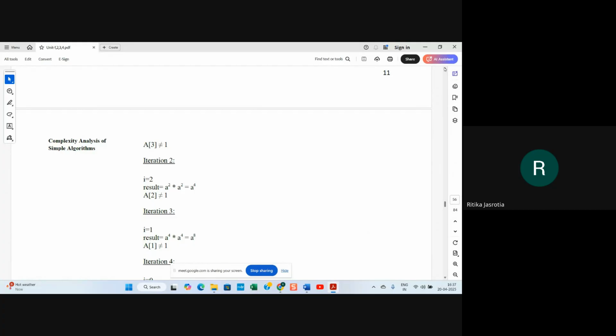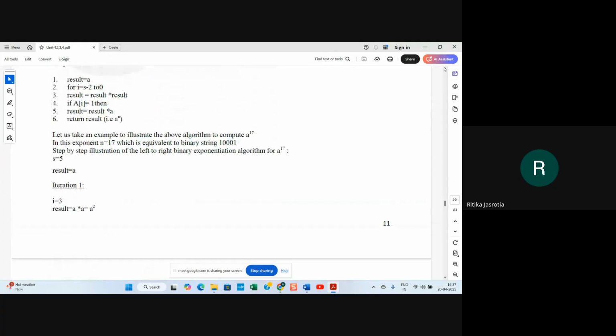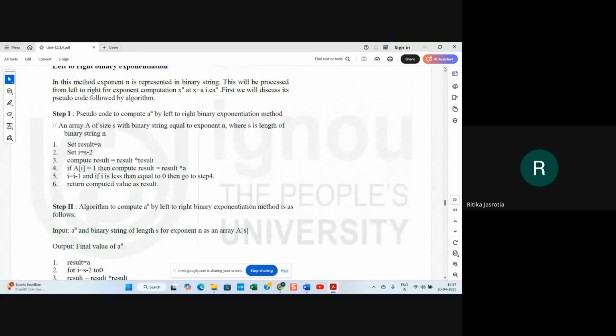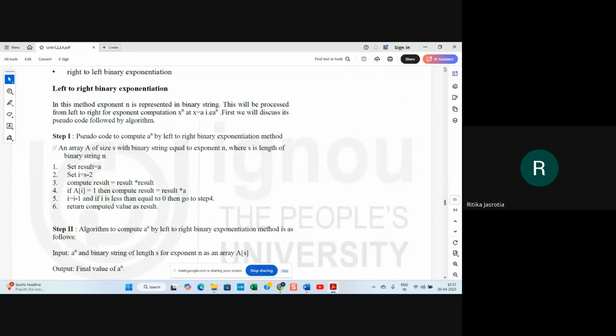So here they are giving you one more example. So here they're saying pseudocode to compute a to the power n by left to right binary exponentiation method. Take an array A of size S with binary string equal to exponent n, where S is the length of the binary string n.